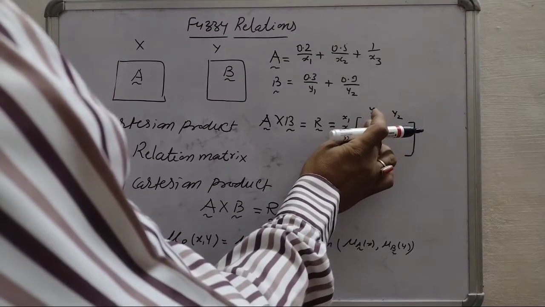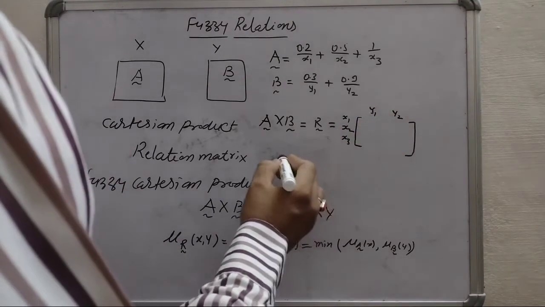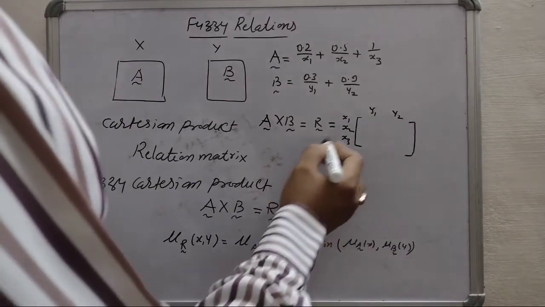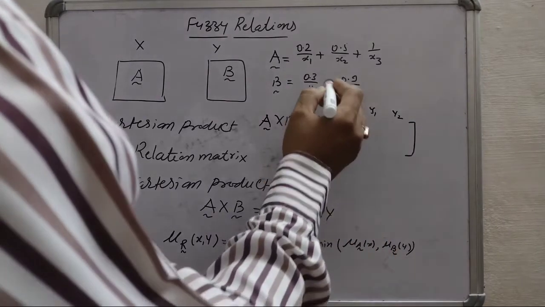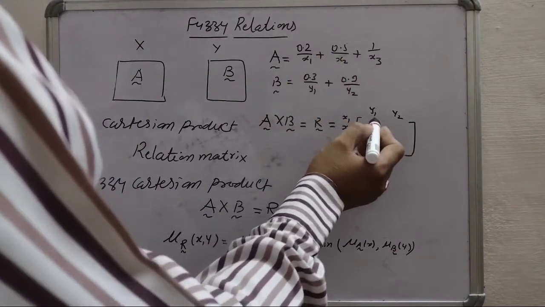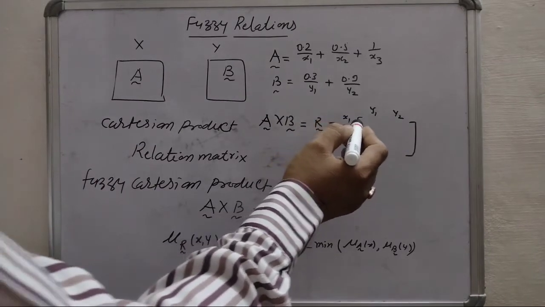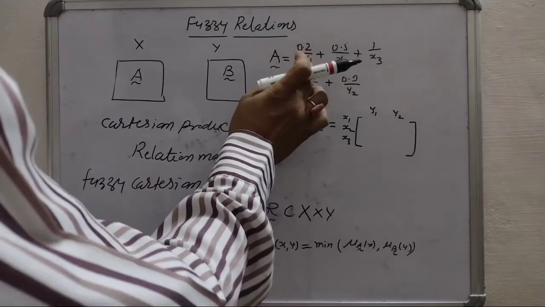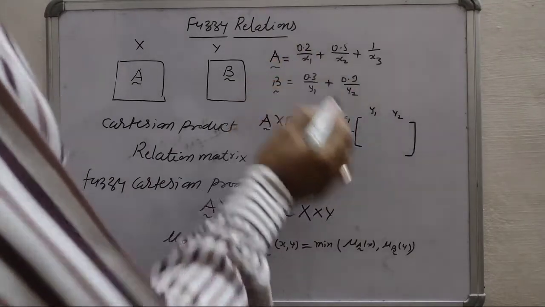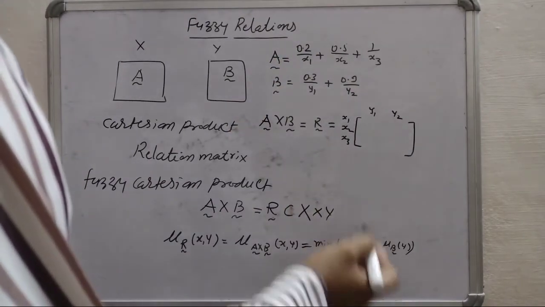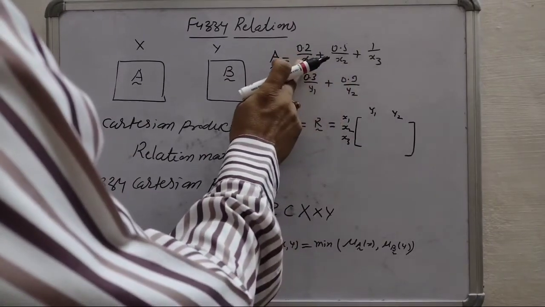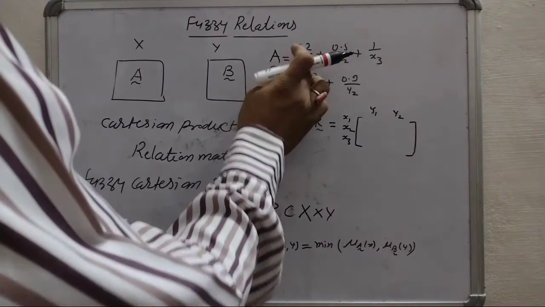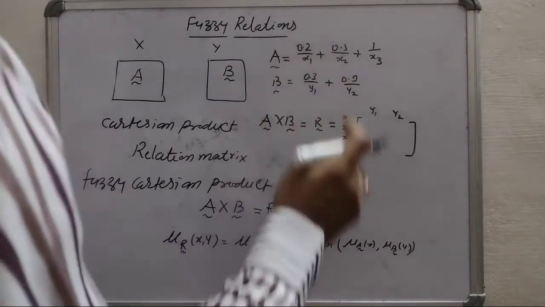So now for the first element we will use this formula. Just write x1 y1. So here, the minimum of membership mu A of x1 and mu B of y1, so minimum of 0.2 and 0.3.